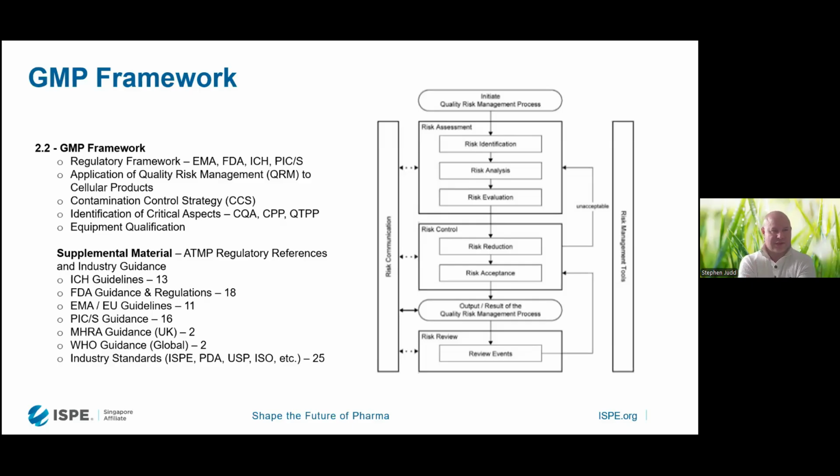And therefore, as I said at the start, part of developing this guide and part of the ISPE ATMP community of practice is an aim to move towards that harmonization, to allow companies to better interact and better leverage learnings from each other, so that greater level of harmonization can improve the quality and make risk management more efficient.